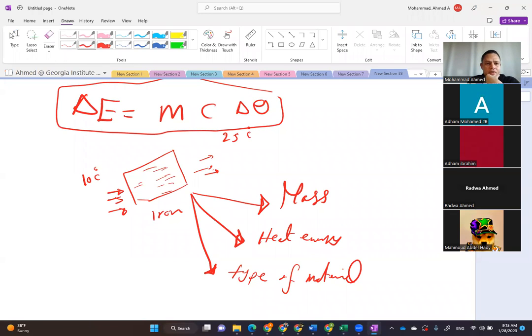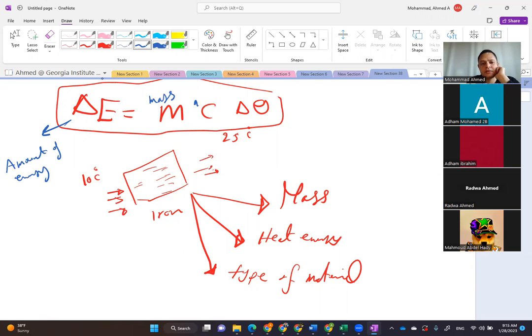Delta E is the amount of energy, m is the mass, c is the specific heat capacity, and delta theta is the change in temperature. You can use delta theta or delta T, the same.